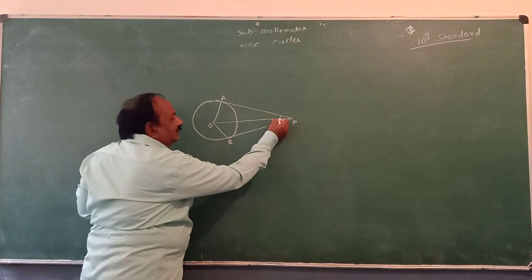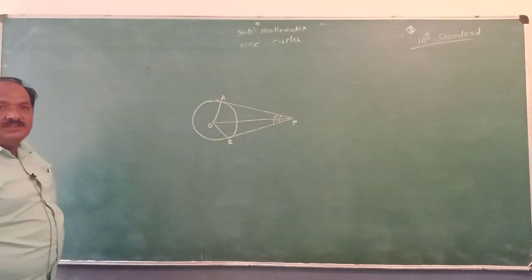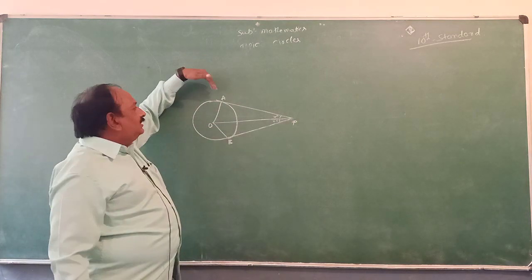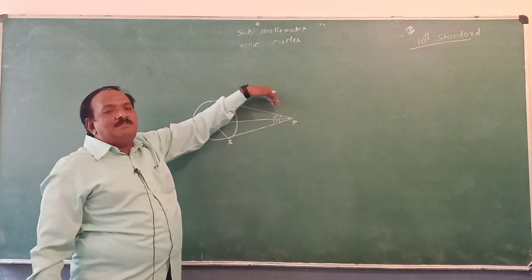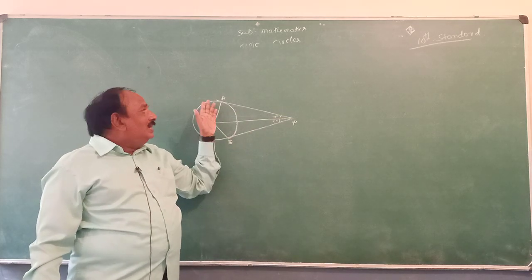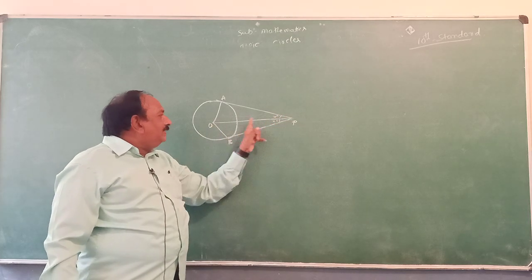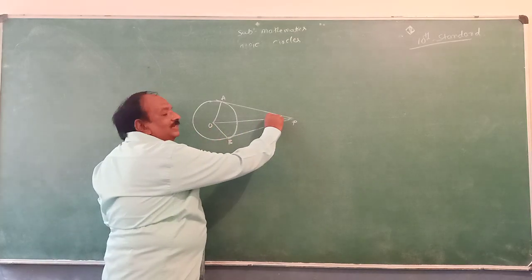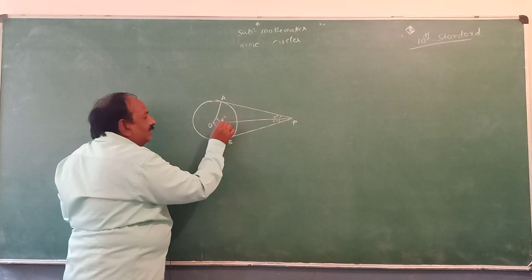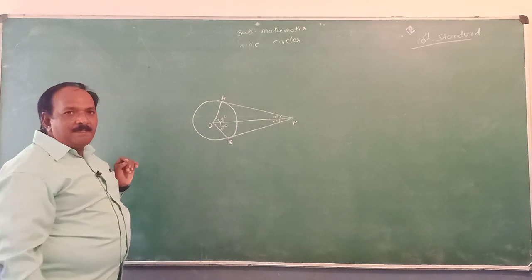This angle is equal to this angle. This is x degrees, this is also x degrees. These two angles are equal, and they subtend equal angles at the center. These two angles are also equal.